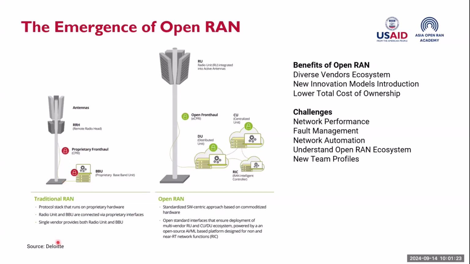And it's a single vendor that provides both the radio unit and the BBU. Meaning if the operator wants to implement a traditional RAN, they need to work with a single vendor to purchase the BBU and the CPRI and the RRH, or the RRU. So this is vendor A.